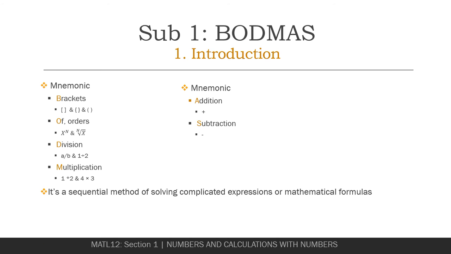It's a sequential method of solving complicated expressions or mathematical formulas. What does that mean? For example, if you look at this right there, BODMAS gives you the ability to say, in this particular case, what I will first start by doing is dealing with the brackets, and once I'm done with the brackets, you'll deal with the power.